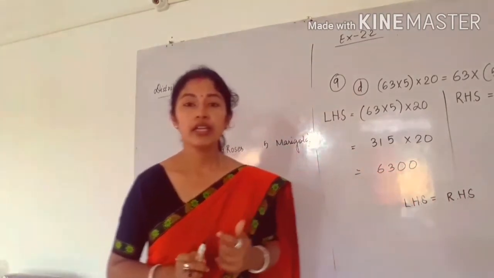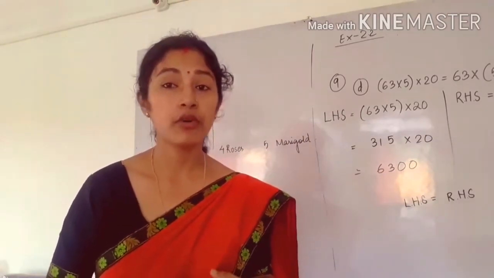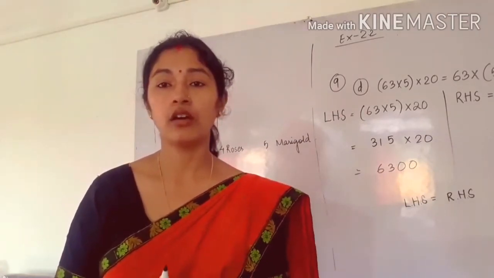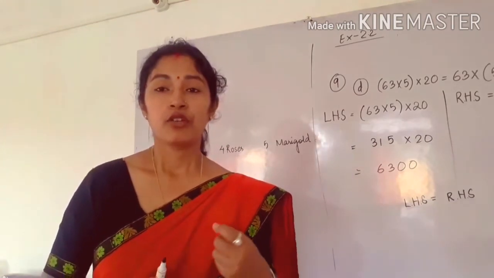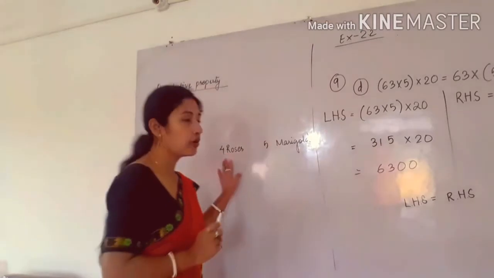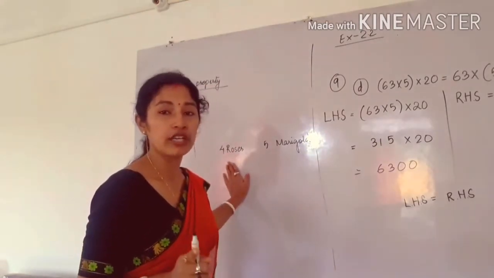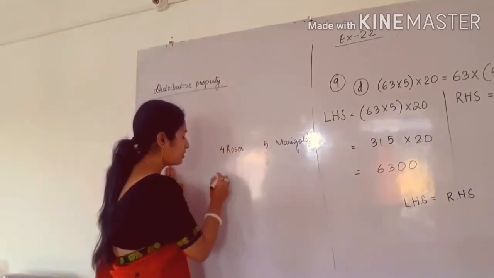But if I want to find the number of roses or the number of marigolds, then how will I find it? So for that, first of all you have to multiply the number of roses in one bouquet into the number of bouquets. So we have 5 bouquets.